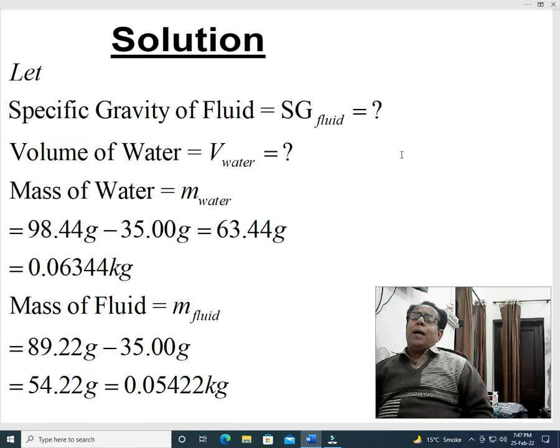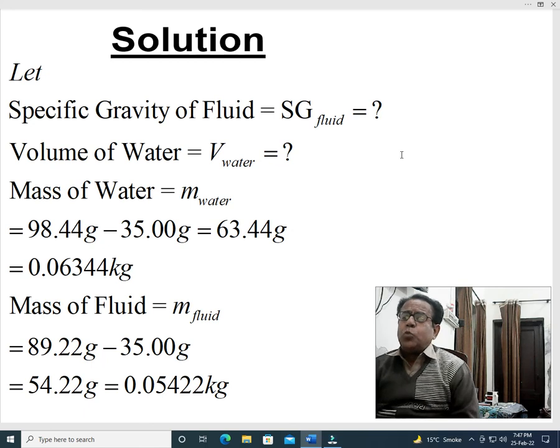So the net mass of fluid will become 54.22 gram, and it will alternatively become 0.05422 kilogram.